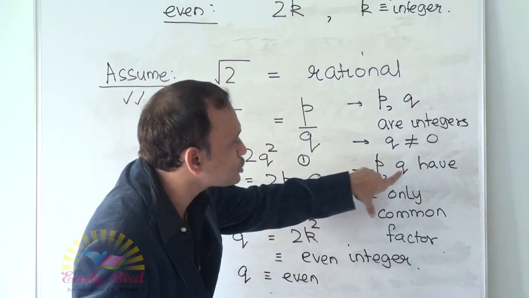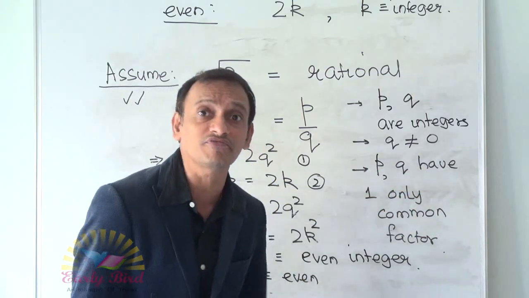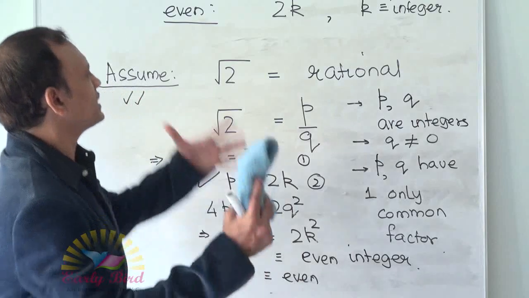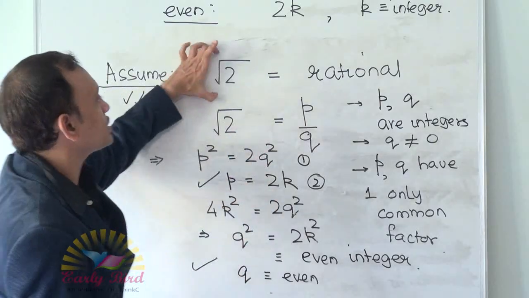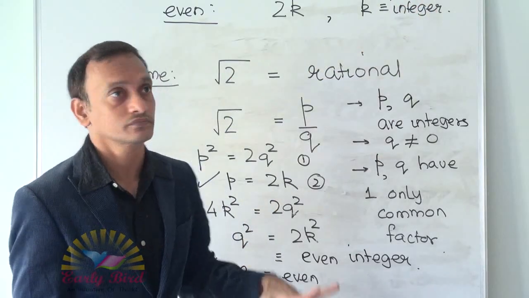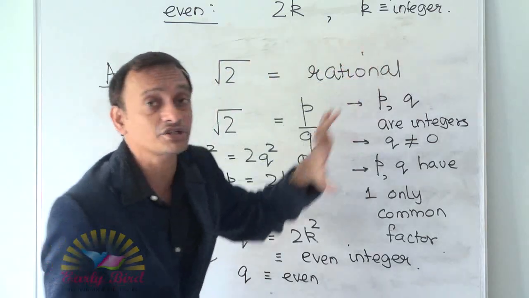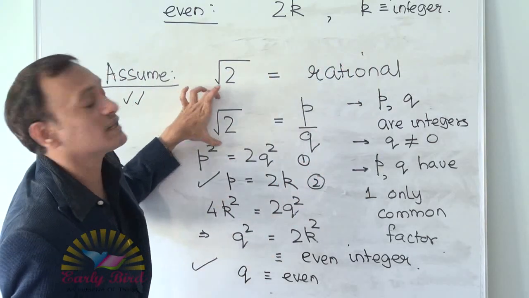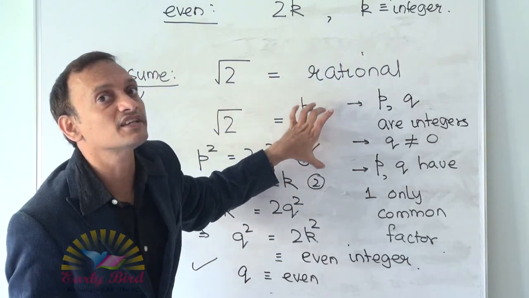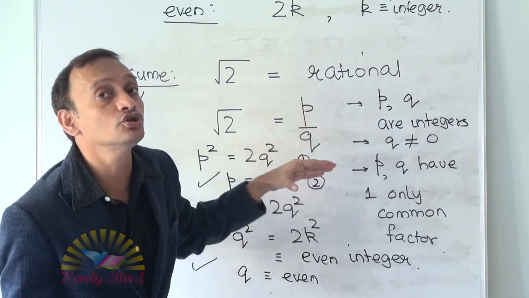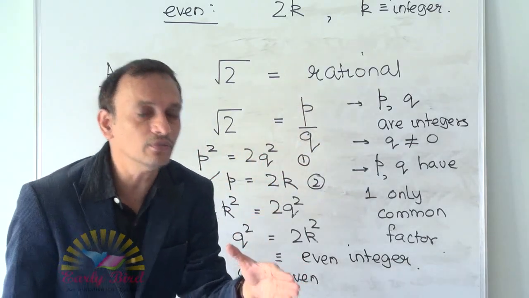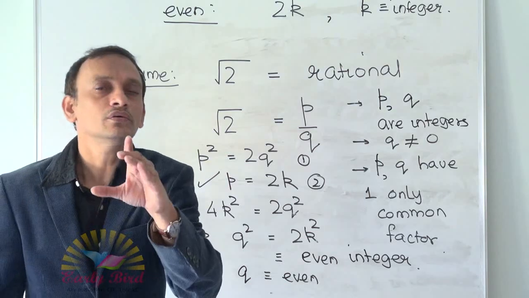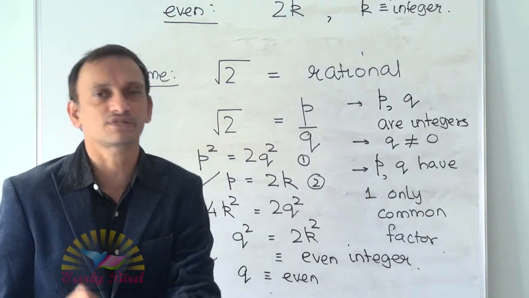We started by assuming that p and q have only 1 as the common factor on the pretext that root 2 is rational. When we assume that root 2 is rational, we said root 2 could be expressed as a ratio of two integers p and q, where q is not 0, and p by q is in the lowest form of expression.